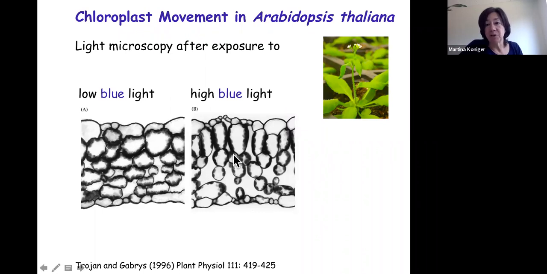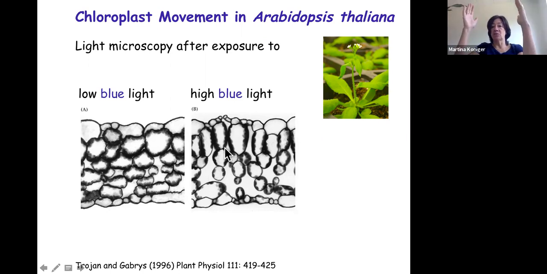But what's important is that there is such a thing as too much light. If you're shining very high light on it, the chloroplasts hide on the side of the cell. They're green, but we're seeing them in this picture as black, these roundish parts here.